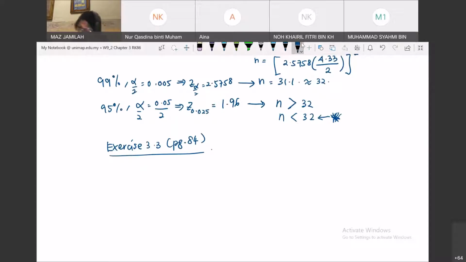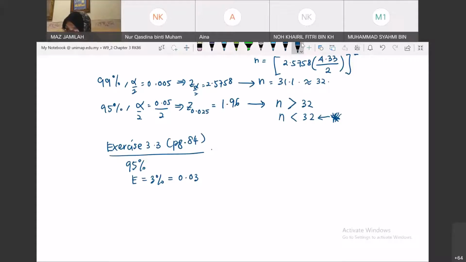Question 2. A lecturer wishes to estimate the percentage of students who pass mathematics subject in semester 2. He wants to be 95% confident to be accurate within 3%. So within 3%, that will be your E, and this will be 0.03.